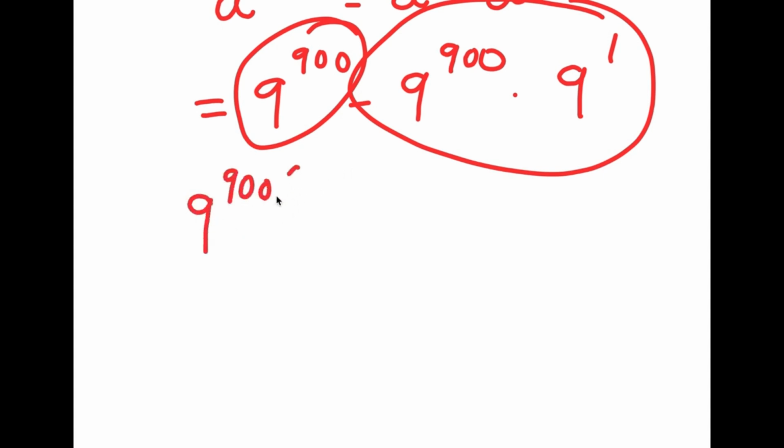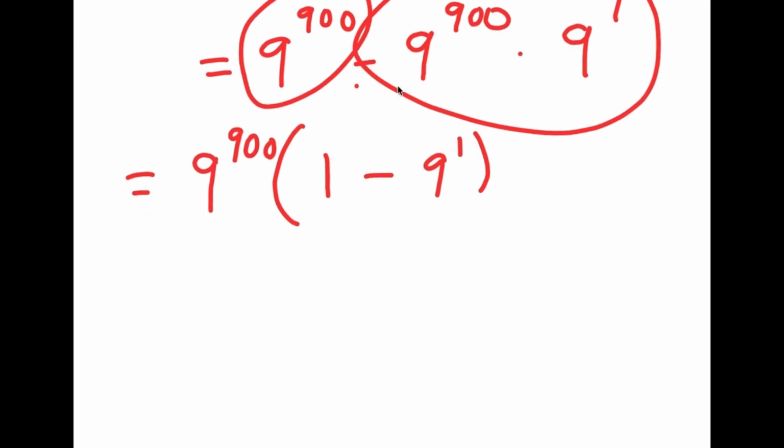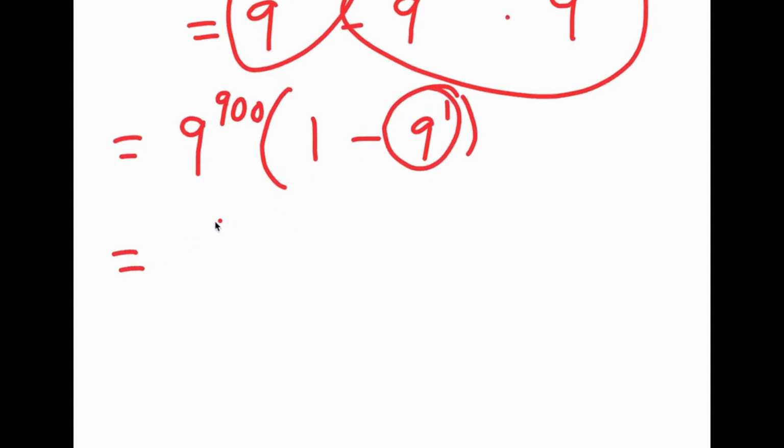So we factor out 9 to the power of 900, and we get 9 to the power of 900 times, 9 to the power of 900 divided by 9 to the power of 900 is 1, minus 9 to the power of 900 times 9 to the power of 1 divided by 9 to the power of 900 is simply just 9 to the power of 1. So I get 9 to the power of 900 times 1 minus 9 to the power of 1. And 9 to the power of 1 is the same thing as 9, so I get 9 to the power of 900 times 1 minus 9.